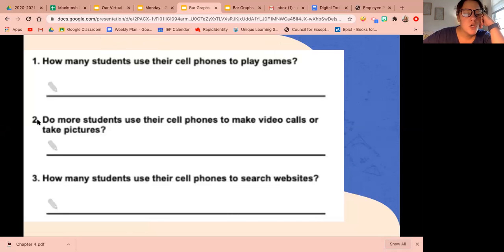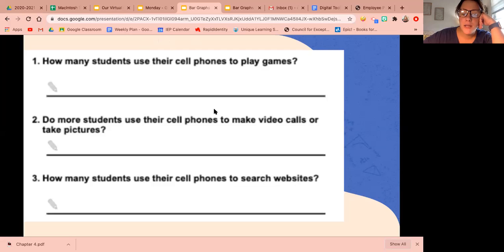Do more. So, is it asking us how many? Do more students use their cell phones to make video calls or take pictures? Do more students use their cell phones to make video calls or take pictures?